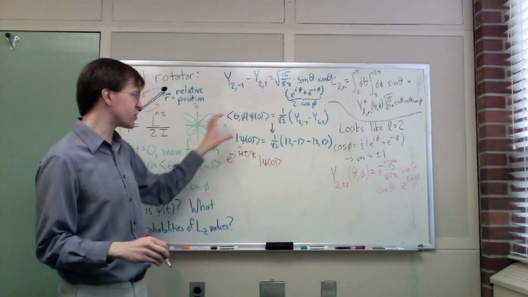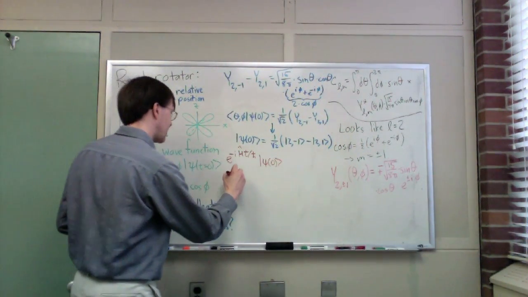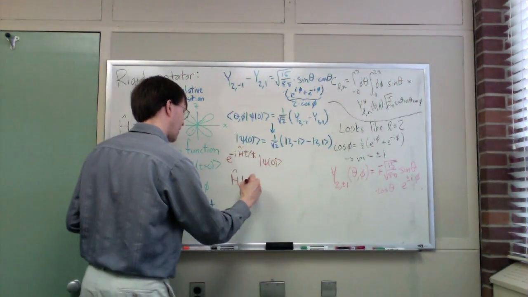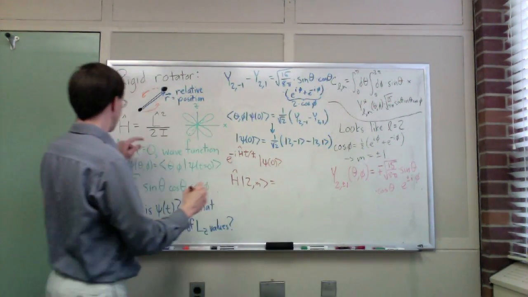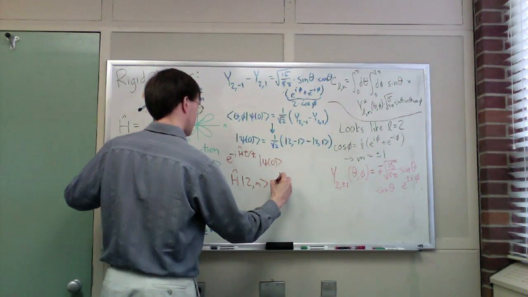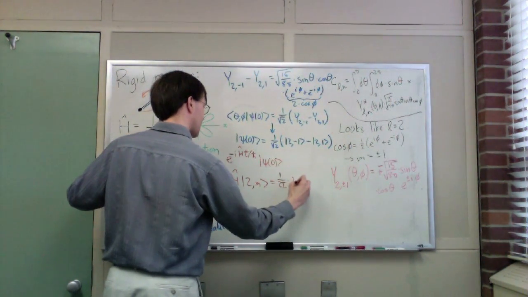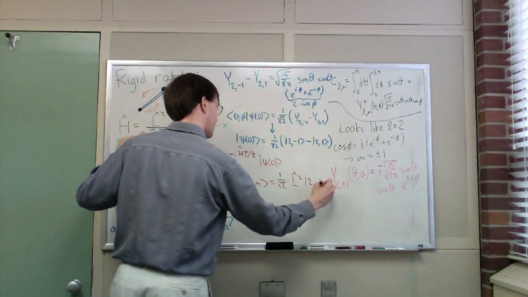So usually I'd have to distribute this and have it act on each one of those two separately. But it turns out that h hat acting on state 2 comma m for any m is going to be 1 over 2I times the angular momentum operator acting on the state 2 comma m for any m.